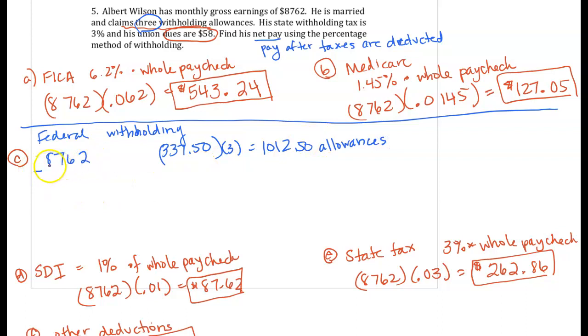Our whole paycheck of $8,762 minus the allowances gives $7,749.50. And this is what we look up in the table. Make sure you're looking up monthly and married.